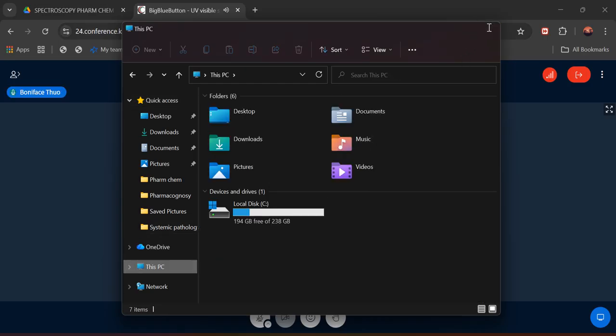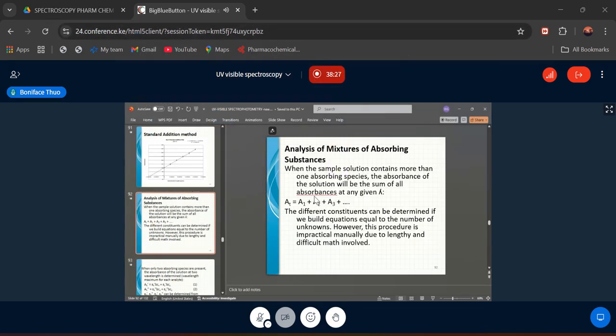The other method is used to analyze mixtures. This method is applicable because the total absorbance is due to the absorbance of the individual substances. So if we have many compounds absorbing, and we know that compounds absorb at all wavelengths, the difference is that they absorb maximally at different wavelengths.